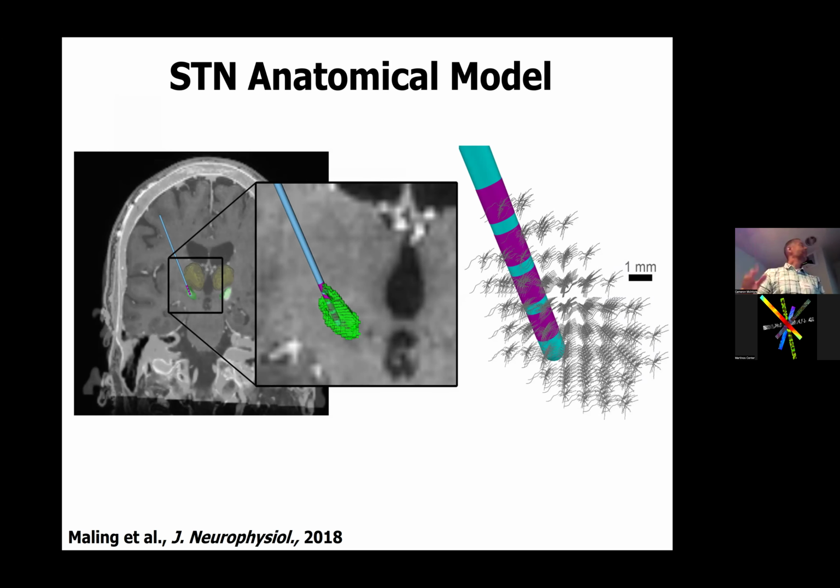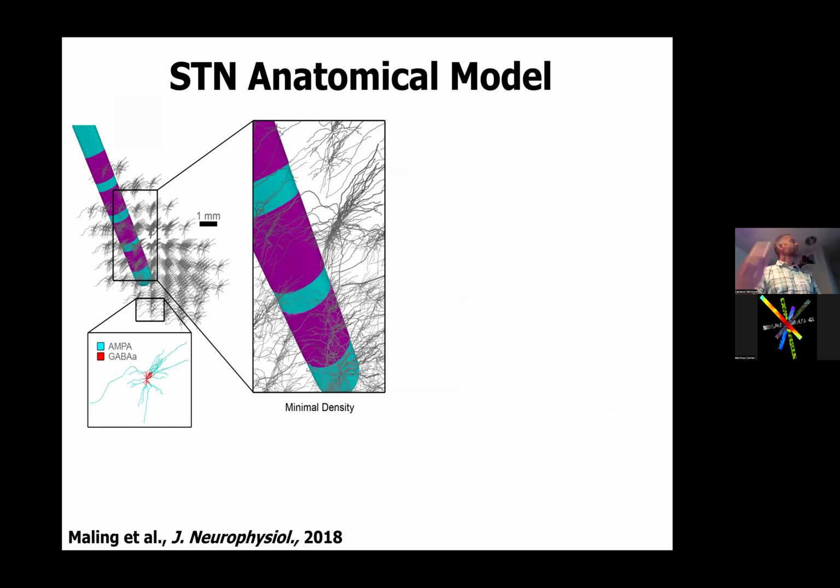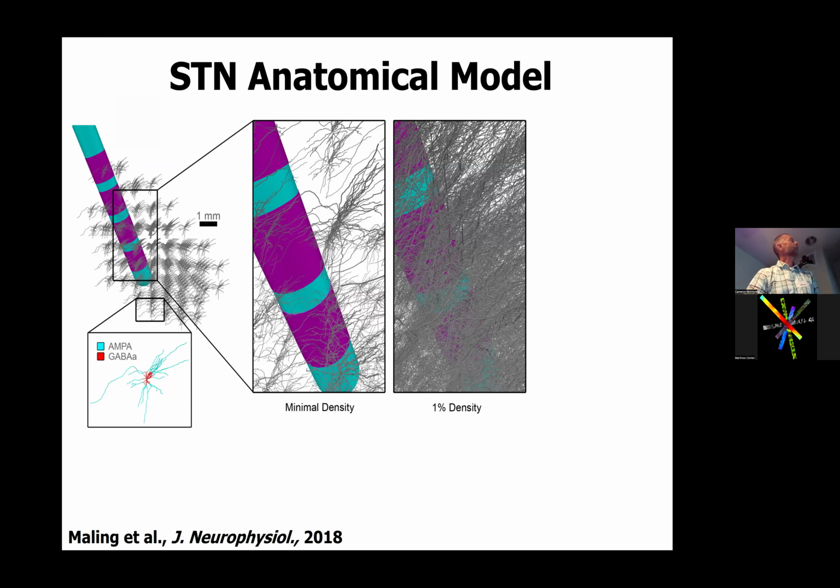So, things keep getting more complicated, but if we start putting this together, with these pink contacts being our electrode, and here's a variety of our neurons distributed in space around it. And then, what if we put 1% of the density of real neurons in the STN? Now you can barely even see the electrode.